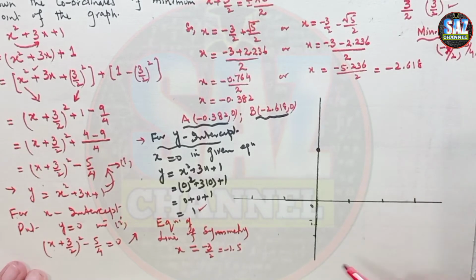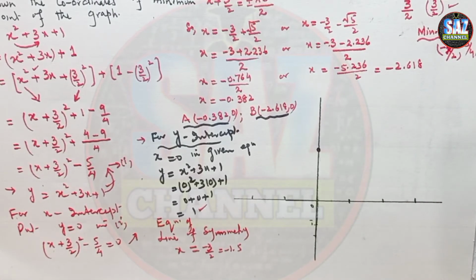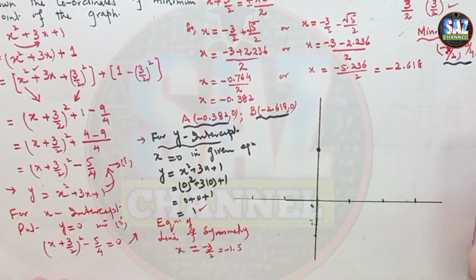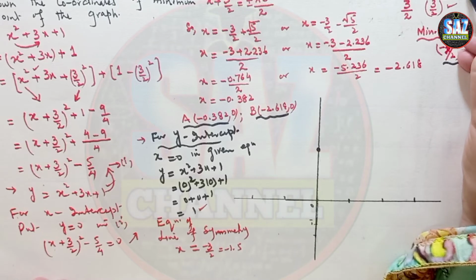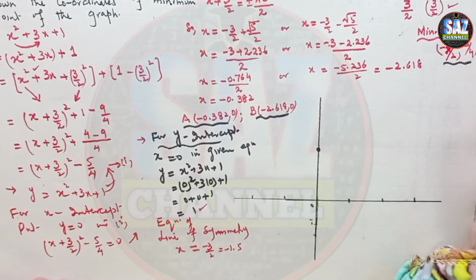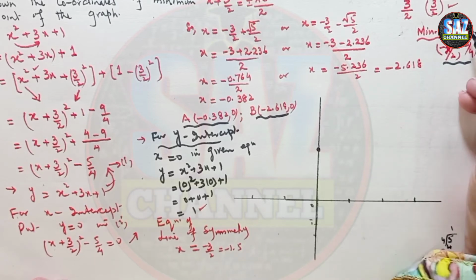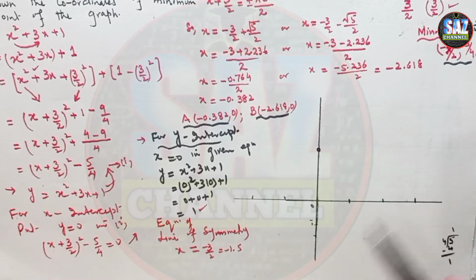This is the coordinates of the minimum point, and for plotting purposes, 3 by 2 is minus 1.5, and 5 by 4 will be, let me divide 5, 4 ones are 4, minus 1, 1 whole 1 by 4. And now it's time for the sketching of this graph.